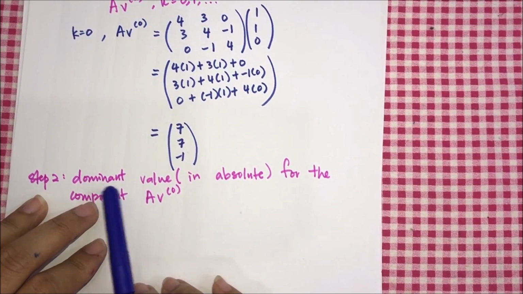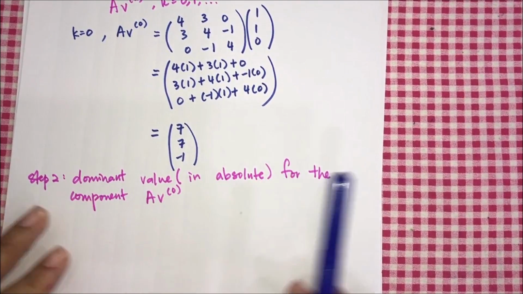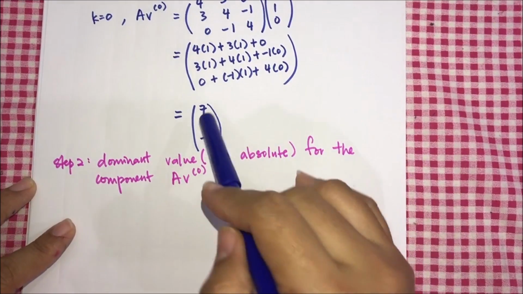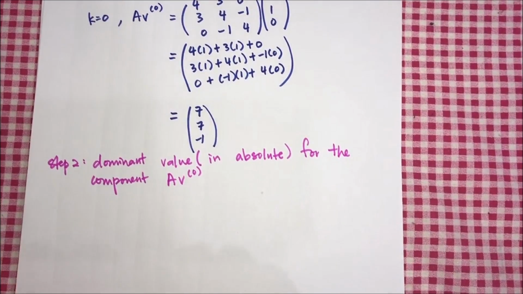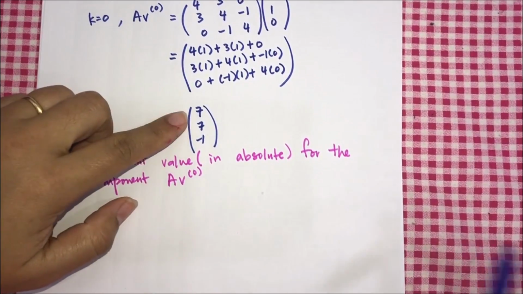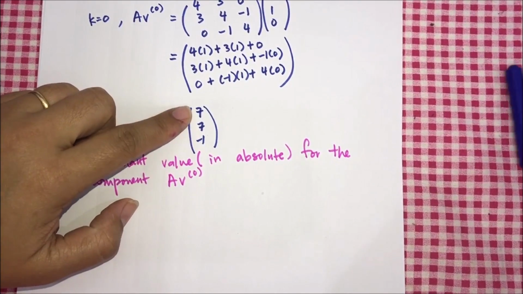We have to find the dominant value for the component A times V. From what we get here, (7, 7, -1), the dominant value is 7, either this one or this one.